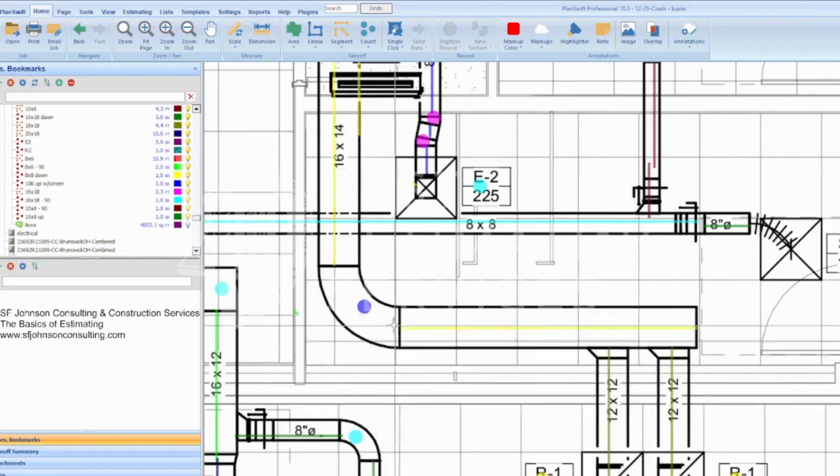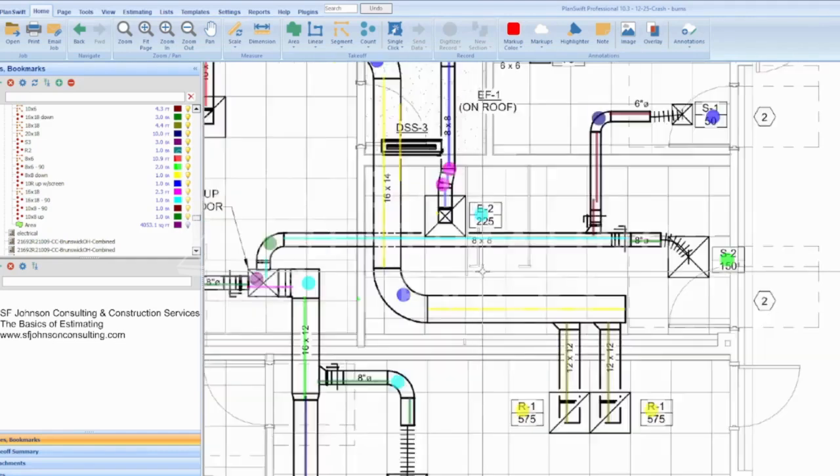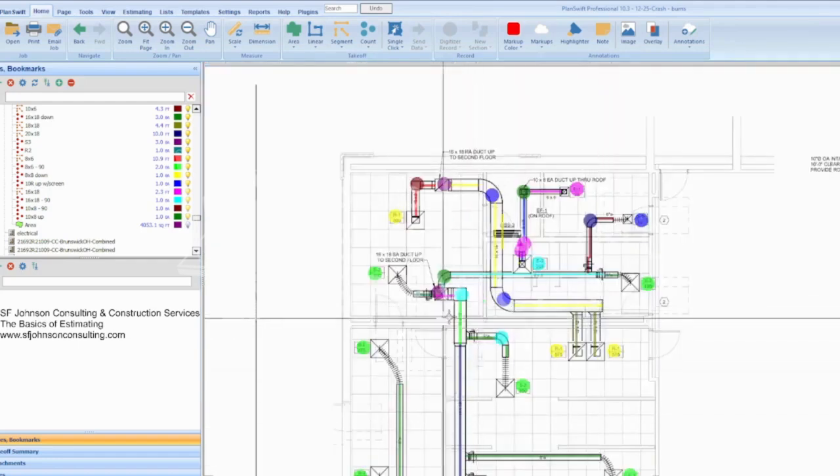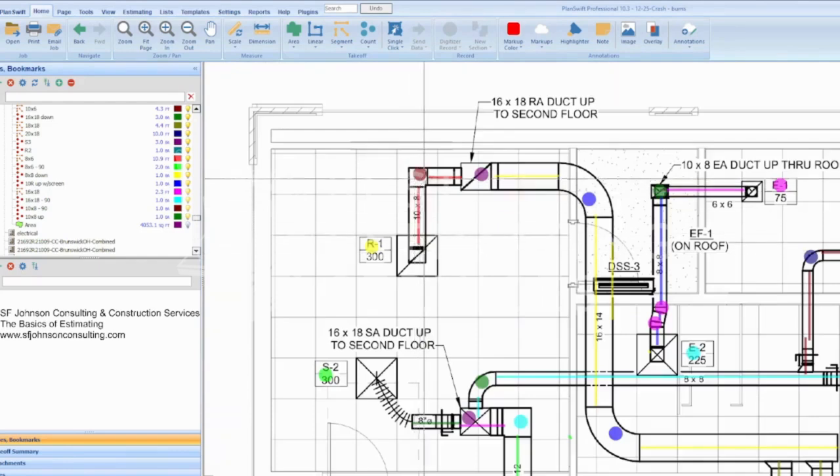So we say that this stretch is 16 by 14. Then we have a 16 by 14 90-degree. Okay, and so that's all you do when you're talking about the HVAC plan. All of the stretches, linear, how many linear feet, 10 by 8. And this is a 10 by 8 90-degree angle.